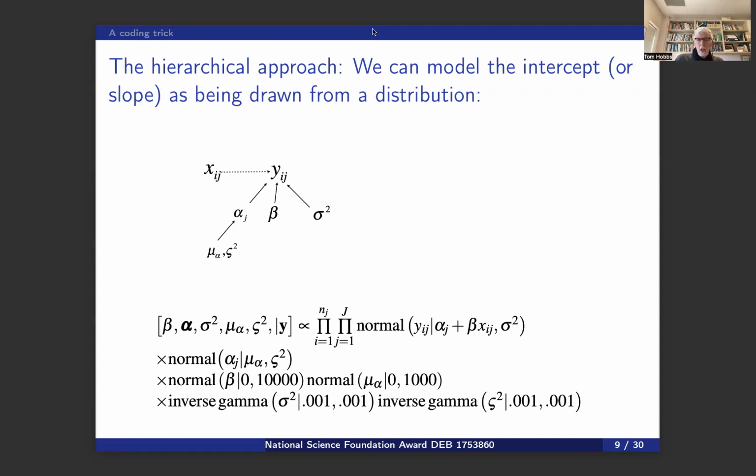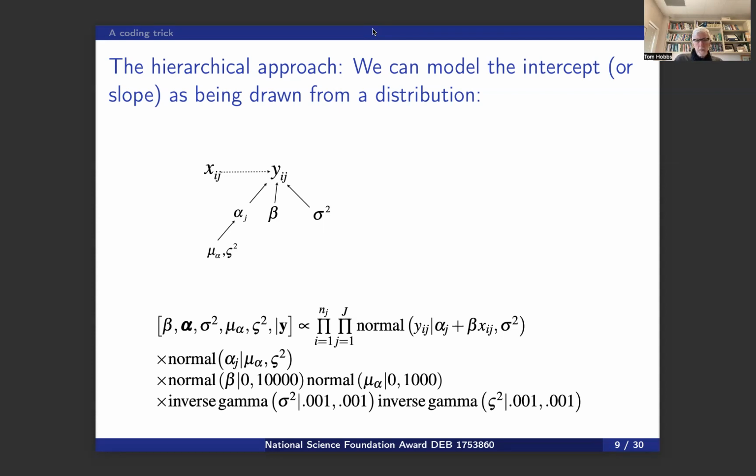We say that those responses are drawn from a model where each study has its own intercept, alpha j. There are common slopes across all of the studies, and there's a variance term. The important idea here is that the intercepts, alpha j, are drawn from a distribution of intercepts.